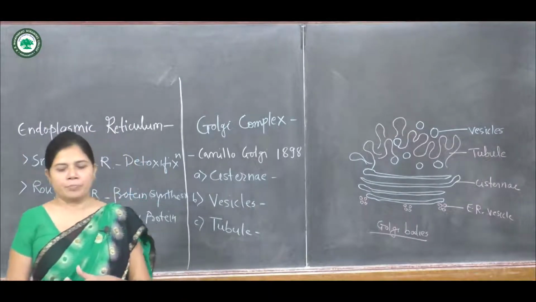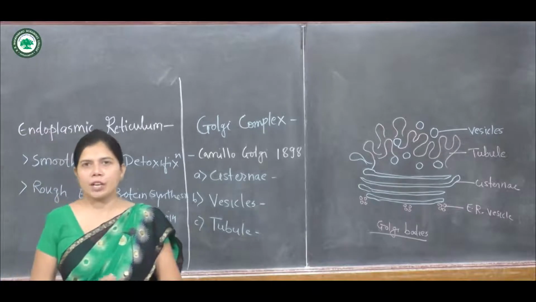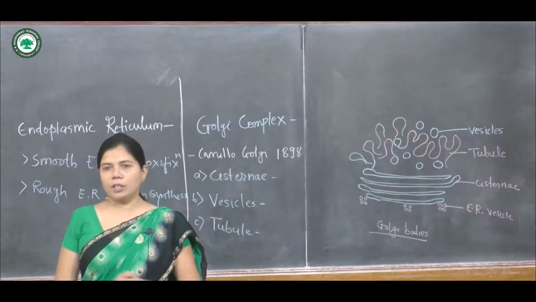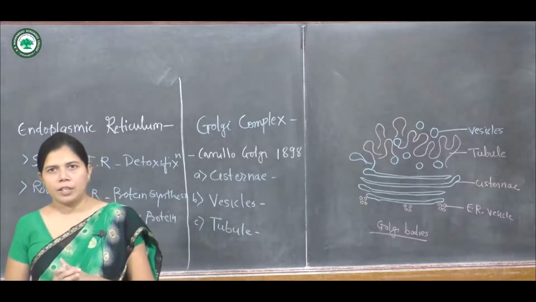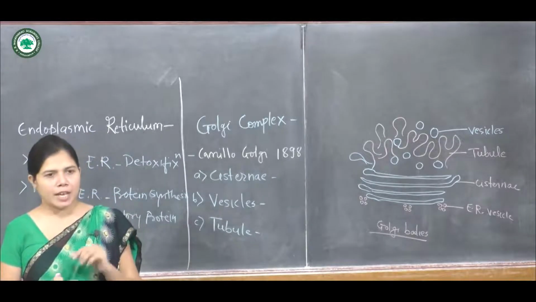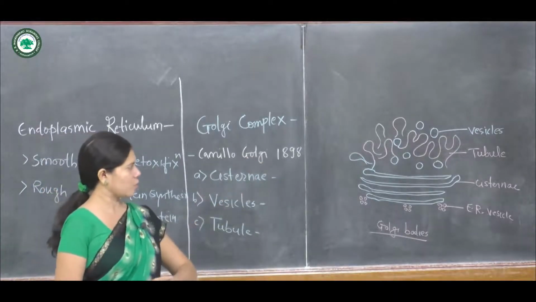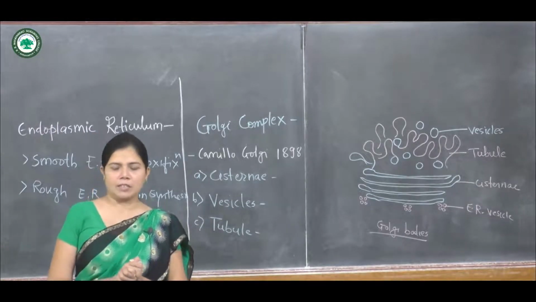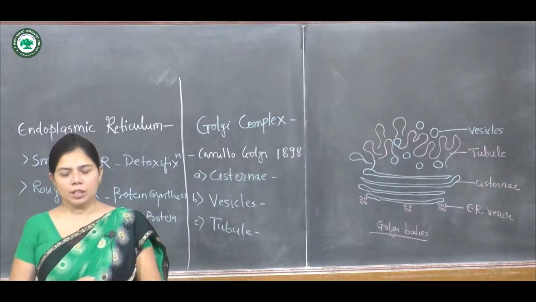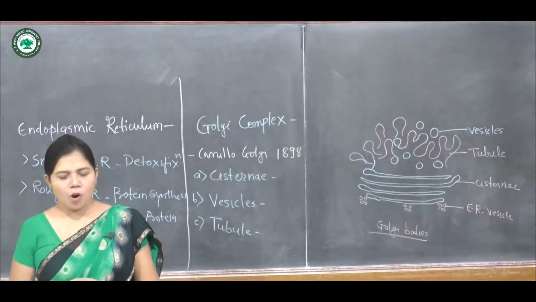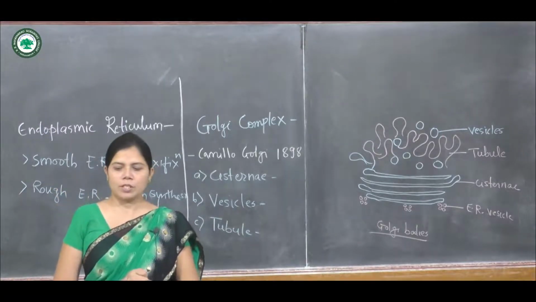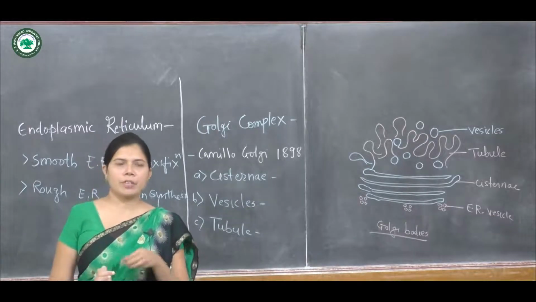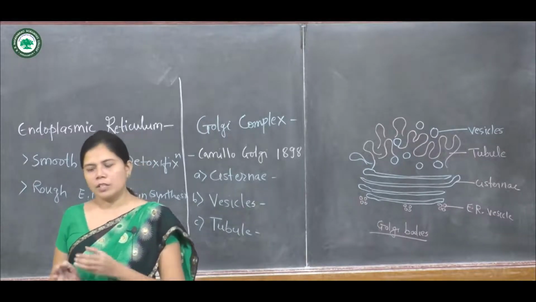The third component is the vesicles, which are smaller sacs developed from the tubules. This small, spherical, sac-like structure is known as a vesicle. In addition, it may form large vacuoles filled with amorphous or granular substance.